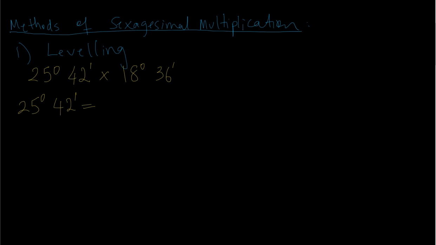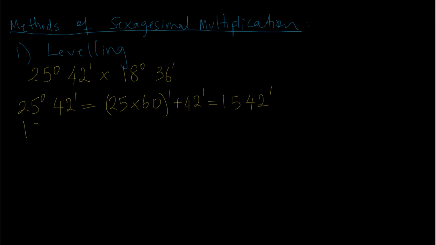Well, that's not hard. Knowing that 1 degree is 60 minutes, if we multiply 25 by 60, that will convert 25 to minutes, and then add 42 to it, and the result is going to be 1542 minutes.